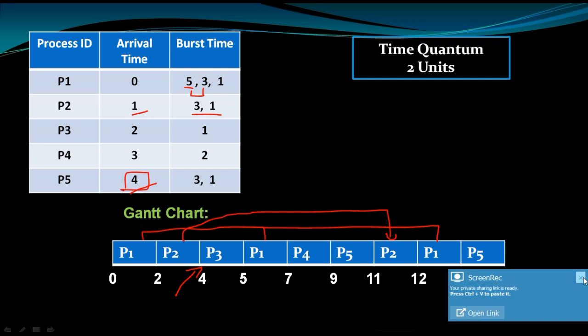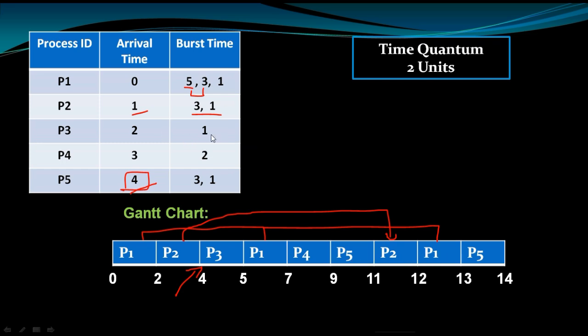Next, P3 has only 1 nanosecond and the time quantum is 2 nanoseconds, so it completes its task and terminates normally. Similarly, P4 completes its execution in 2 nanoseconds and terminates normally.